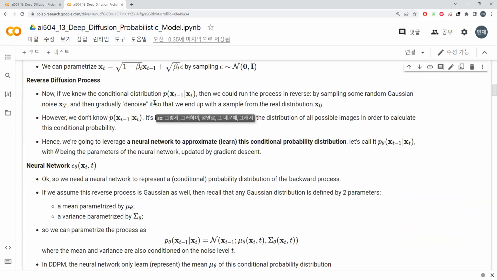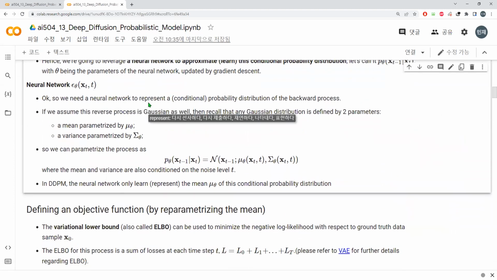Okay. And in our neural network model, the Gaussian distribution is defined by two parameters.